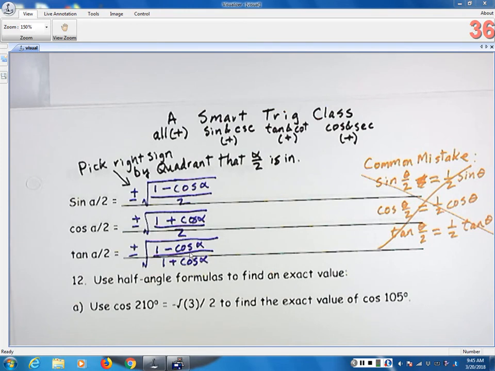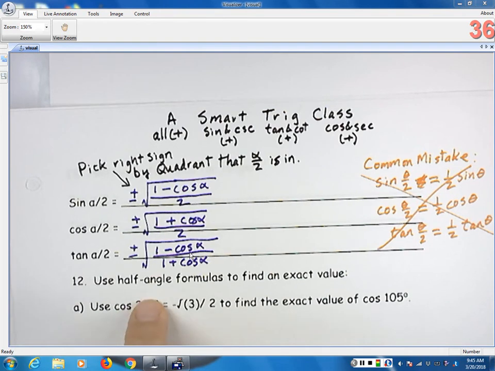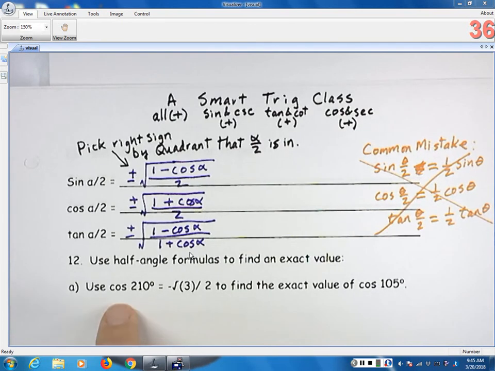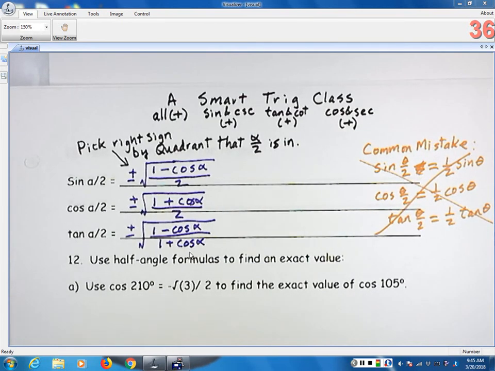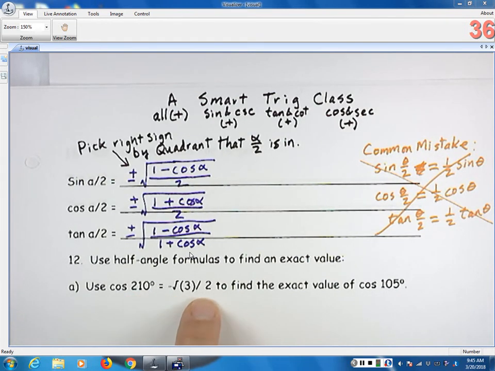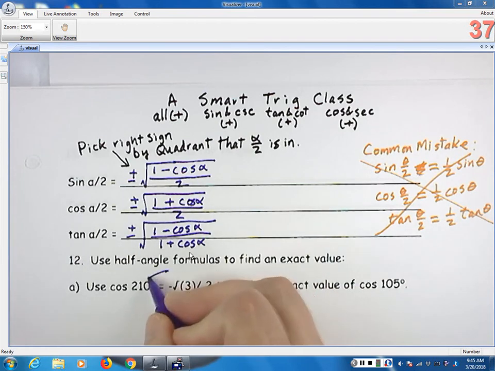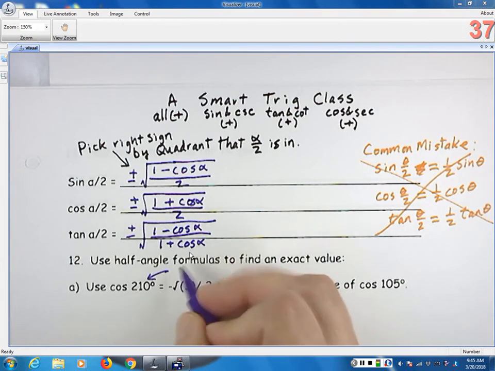Okay, so now we're going to use the half angle formulas to find an exact value. Use the fact that cosine of 210 degrees is minus square root of 3 over 2 to find the exact value of cosine 105. So 210 is in quadrant 3.